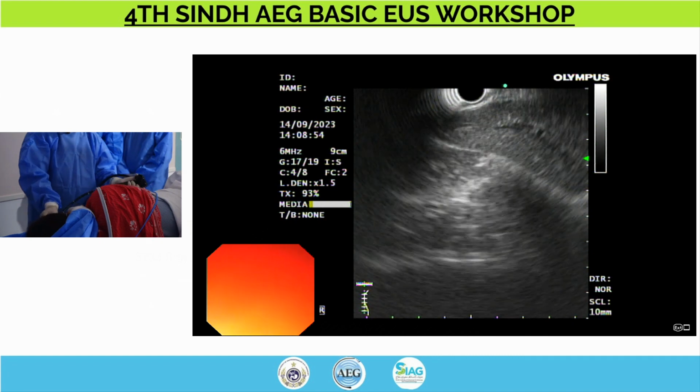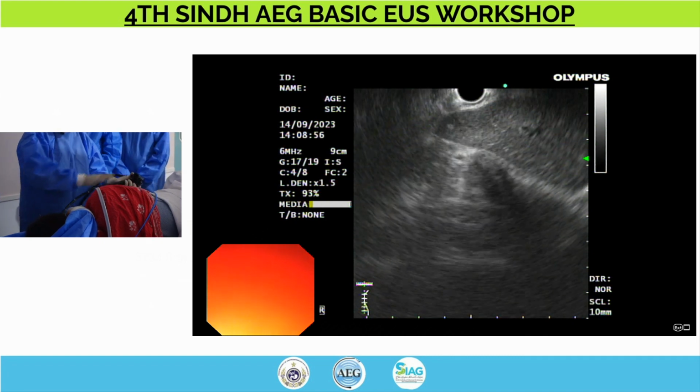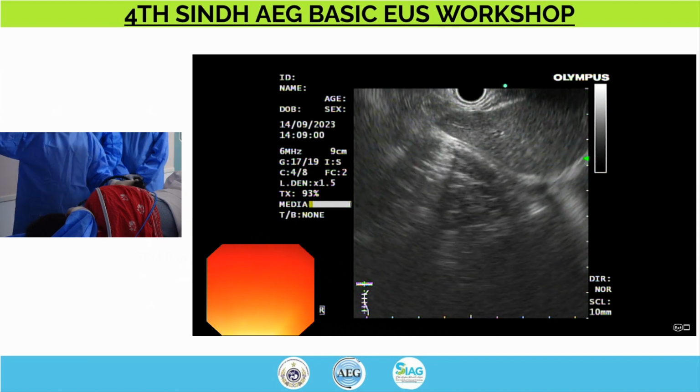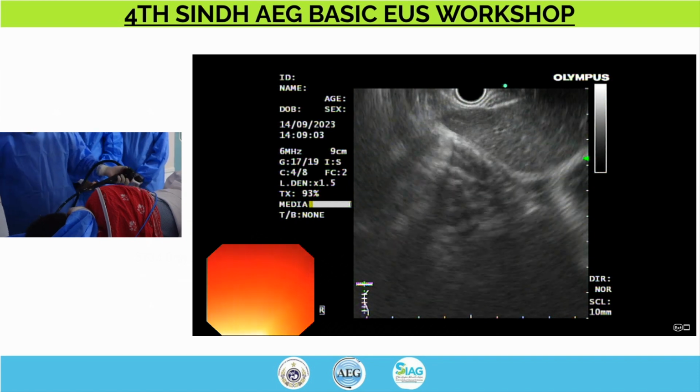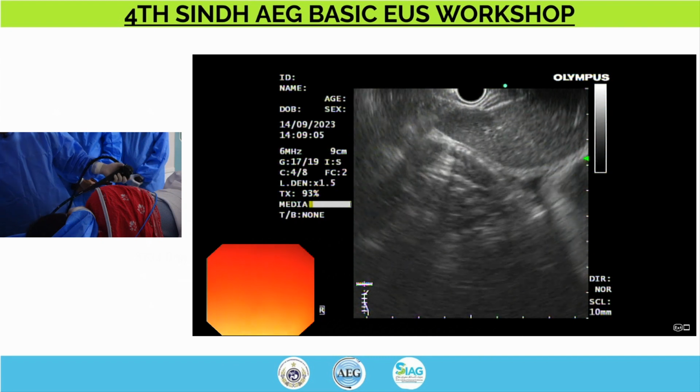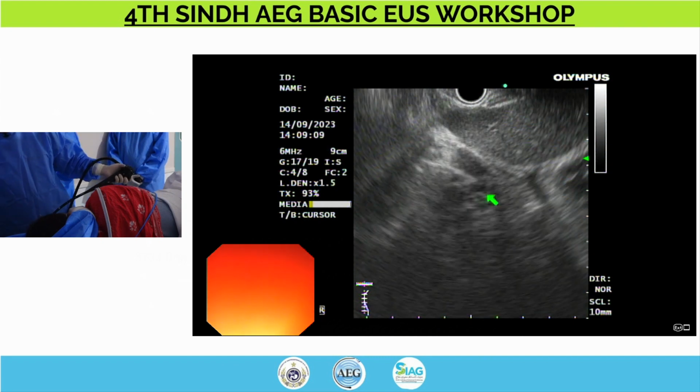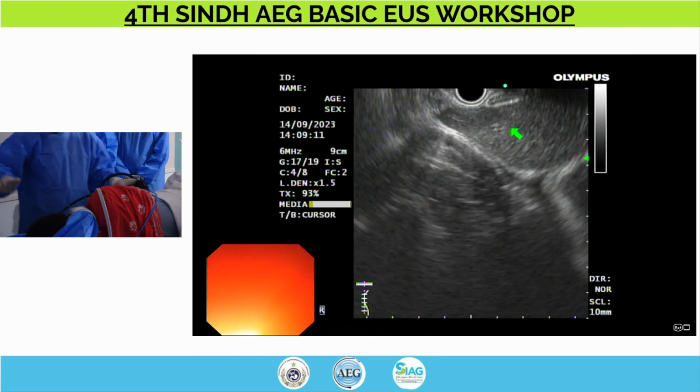I pull the scope a little bit back, and I'm going to rotate, and I see the liver. So you see the liver right underneath the transducer. Okay. So right here there is a liver.